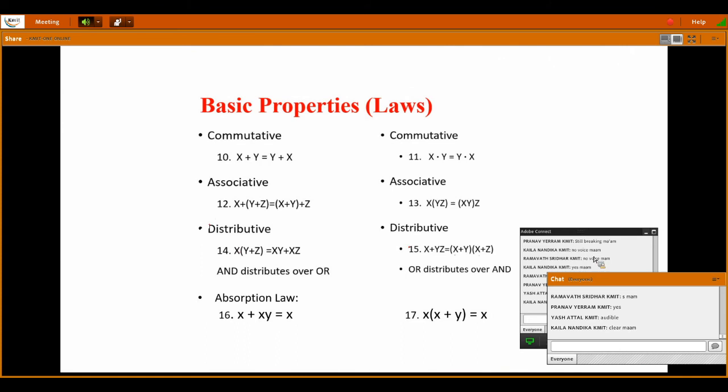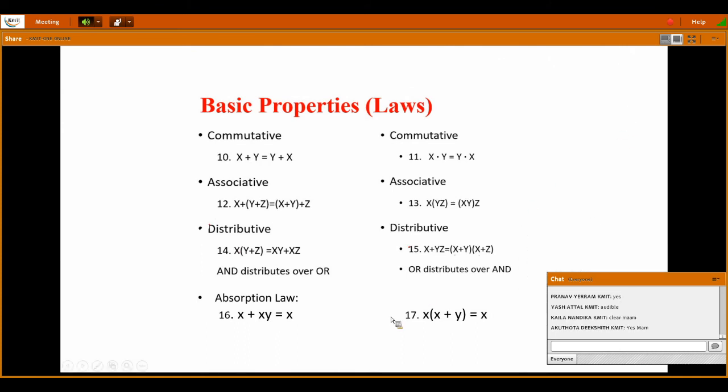Okay, see here. What is happening to the 15th equation? The 15th equation is x plus yz. When you distribute this, this is our common mathematical equation.